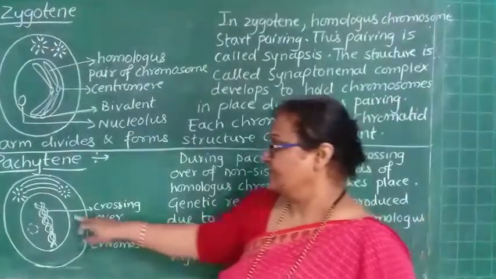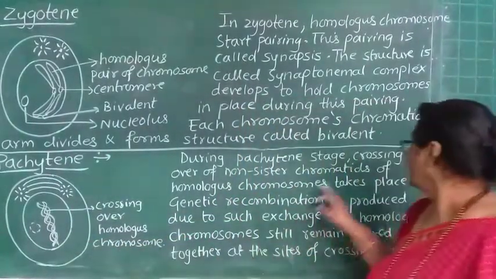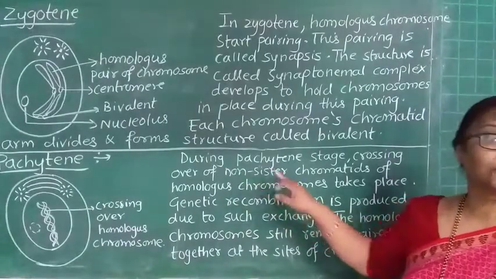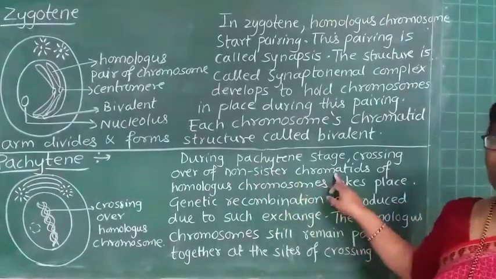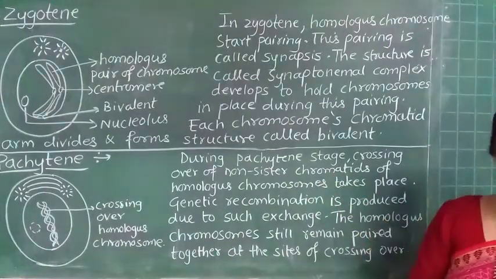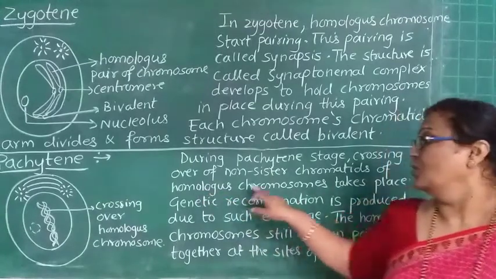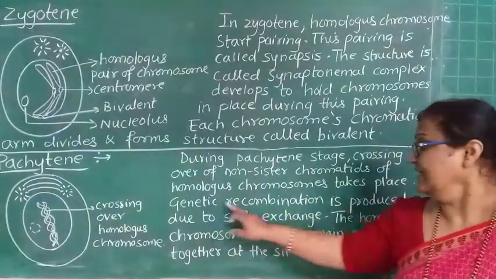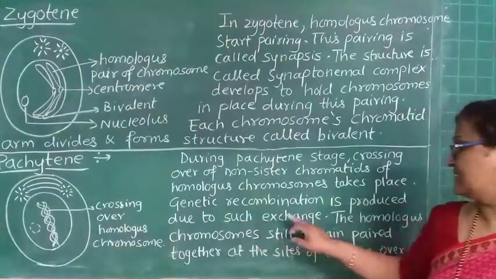Here you see the crossing over is done between non-sister chromatids. These are non-sister chromatids, no doubt, but they are of the homologous chromosomes. Genetic recombination is produced due to such exchange.